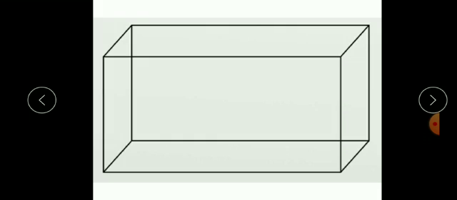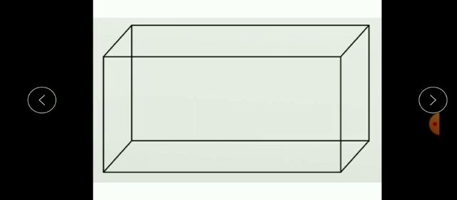How many edges are there in a cuboid? A cuboid has 12 edges, which means a cuboid has 12 sides. Edges means sides.